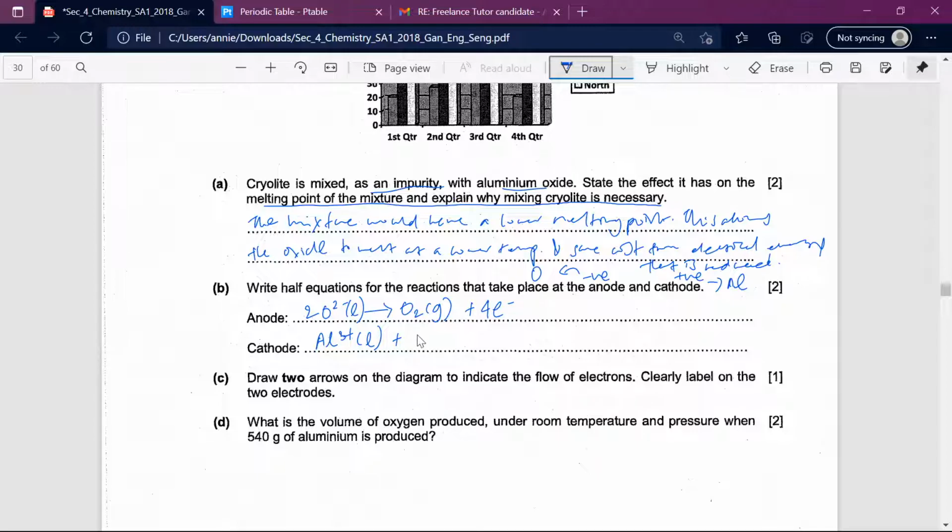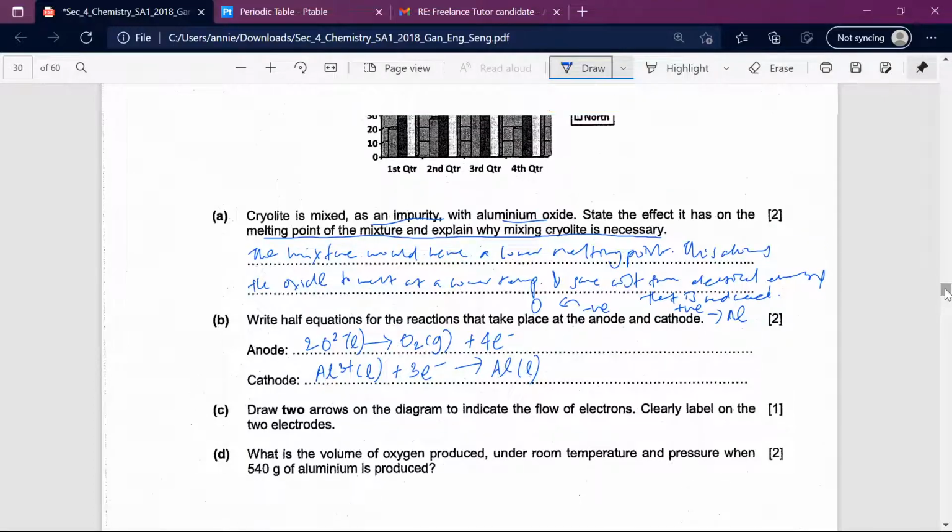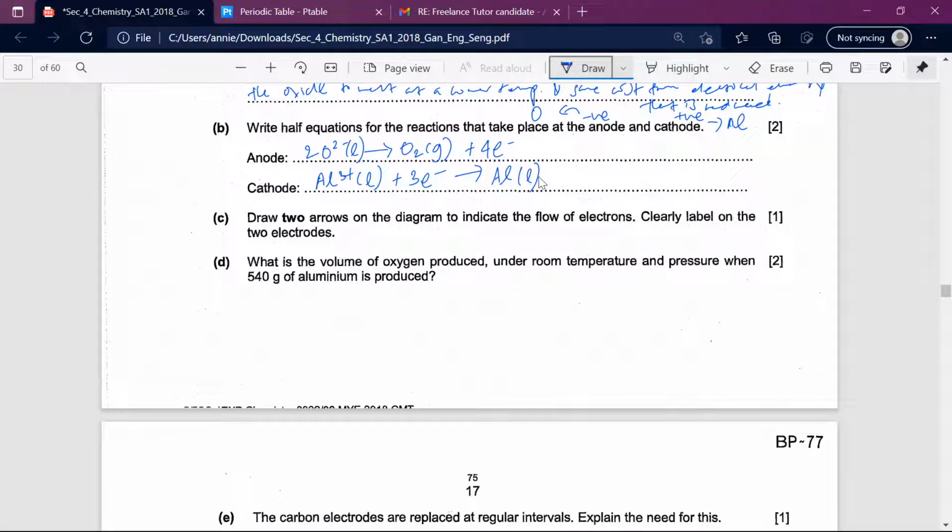So it will gain 3 electrons to balance out this 3+ charge and form aluminium. It's also in molten state. Okay. If you're wondering why is this not a solid state, it's because the temperature is very high, as you can see above, right? So this will be in molten state.